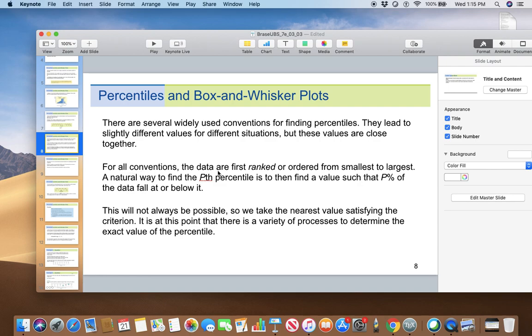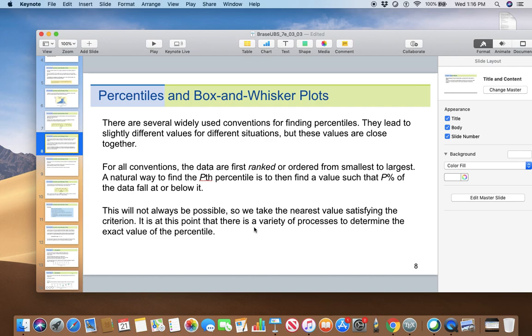For all conventions, the data are first ranked or ordered from smallest to largest. A natural way to find the pth percentile is then to find a value at which p percentage of the data fall at or below it. This will not always be possible. So we take the nearest value satisfying the criterion.